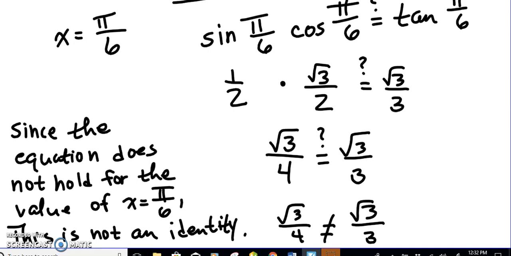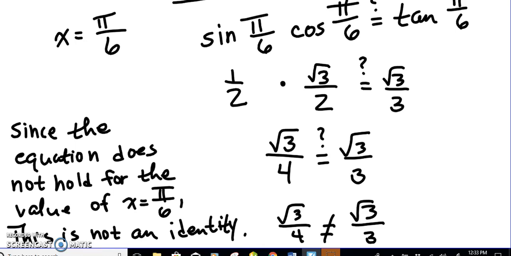If I give you this on a test or something, I want you to write it out so you will know that it does not work, or you can tell me that it does not work, and therefore it's not an identity.